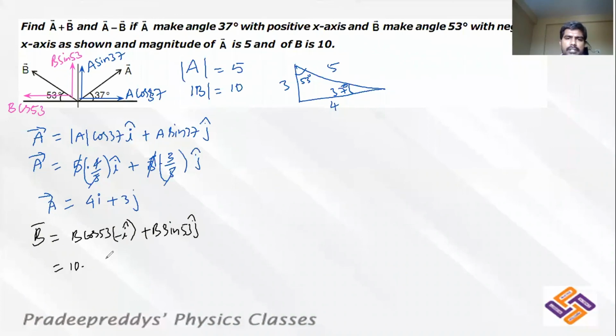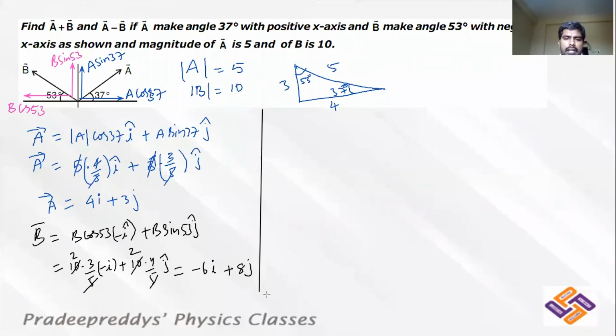What is cos 53? 3 by 5 into minus I, plus 10 into what is sin 53? 4 by 5 J cap. This is 5 twos are 10, 5 twos are 10. So finally you can write this as minus 6I plus 8J. We have got A vector and B vector.